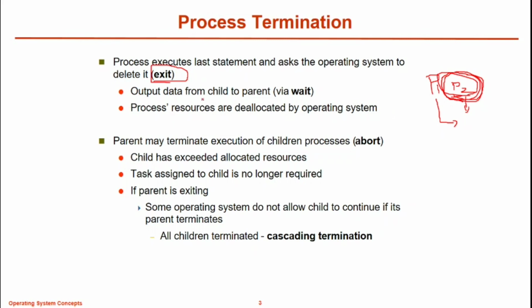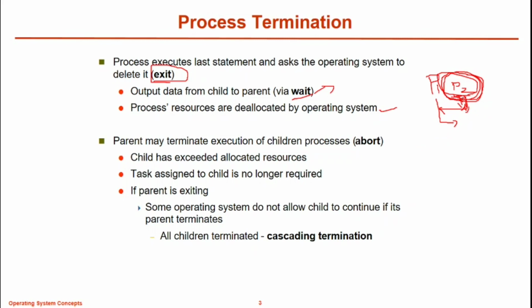Output data from child to parent is via wait. So if data has to be given back to the parent process, then via the wait command it can transfer the data. Process resources are deallocated by the operating system. Whatever resources are allocated to the process are deallocated by the operating system.